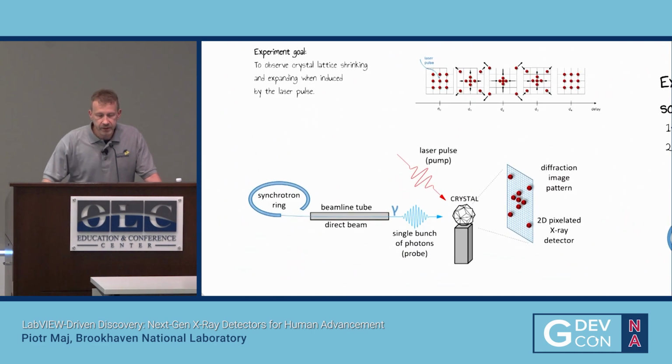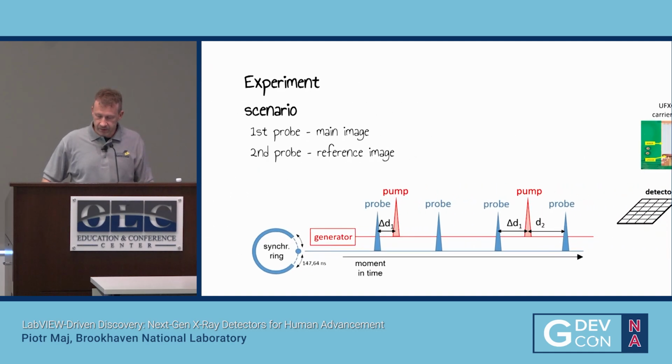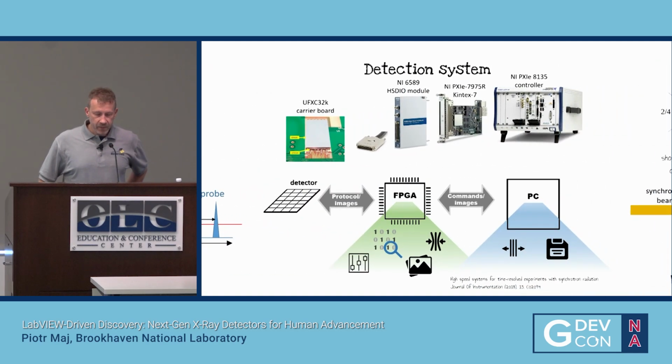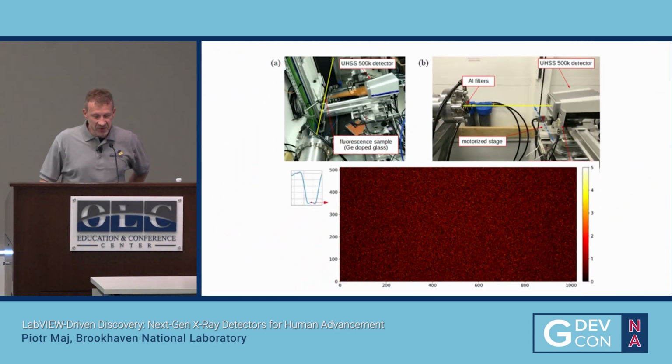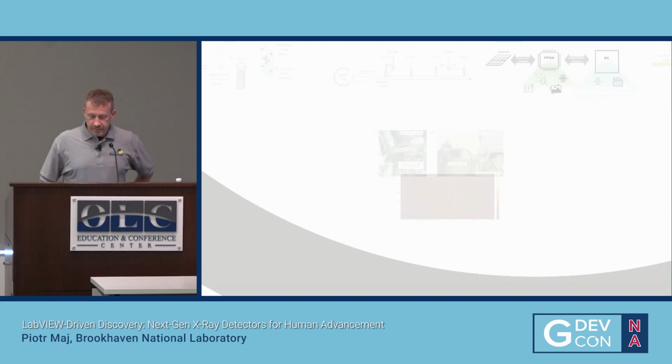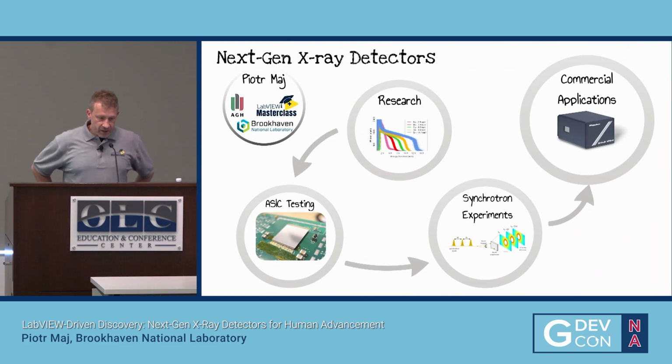I will skip the second description because it's very similar, uses similar hardware, and the time is passing quickly, so I have to hurry. When we verify that our solution works well, not only on the table, but also in an experiment, then it becomes interesting, because then we can actually participate in the development of the commercial instrument.